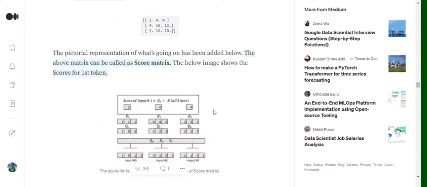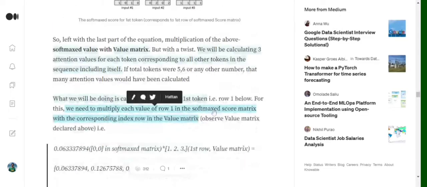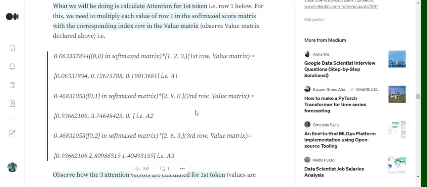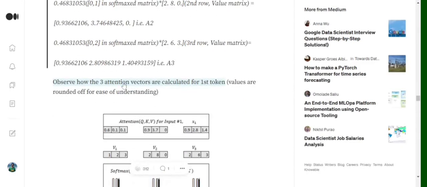So the first value gets multiplied with the first row, the second value with the second row, the third value with the third row. I think you need to stop a bit and understand, and go back and forth so you will get what is actually happening. As and when we are moving, each token pair importance is getting multiplied by a unique row in the value matrix.